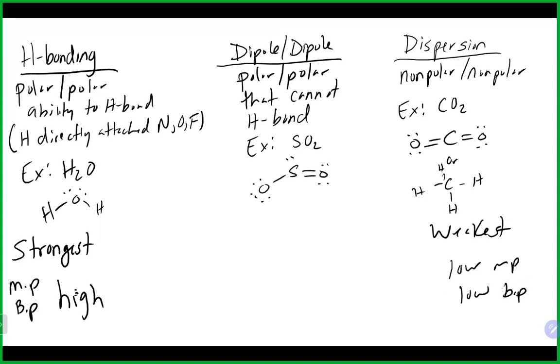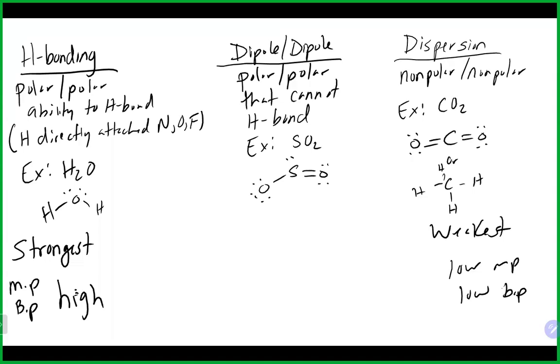So again, if you're comparing somebody that can hydrogen bond to somebody that's using dispersion forces, every day the hydrogen bonding guy is going to have the higher boiling point and melting point, and the guy with the dispersion one should have the weakest. Again, if you're comparing even a dipole-dipole to a dispersion force in terms of melting points and boiling points, the dipole-dipole should be higher than the dispersion forces.